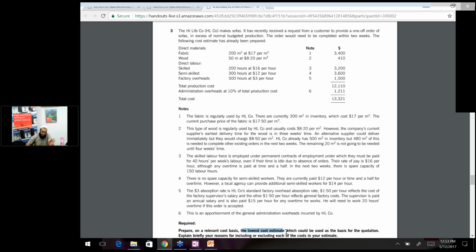All the losses are incorporated through opportunity cost. So you are not having any loss, but there is no markup as well. It represents a break-even price. No profit, no markup, plus there are no losses. That is why we call this the lowest cost.